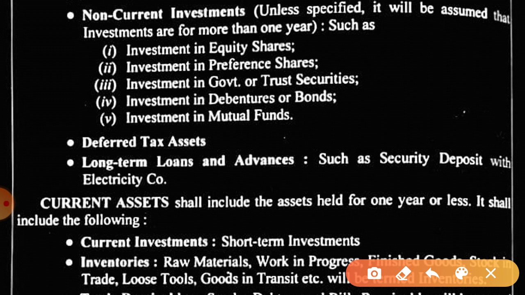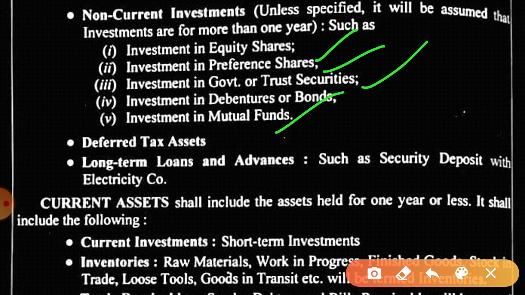investment, because there is one more subhead, current investment in current assets. So we have to take care of this. My dear students, investment in equity shares, preference shares of others, or even of ours which has been held, investment in own debentures.